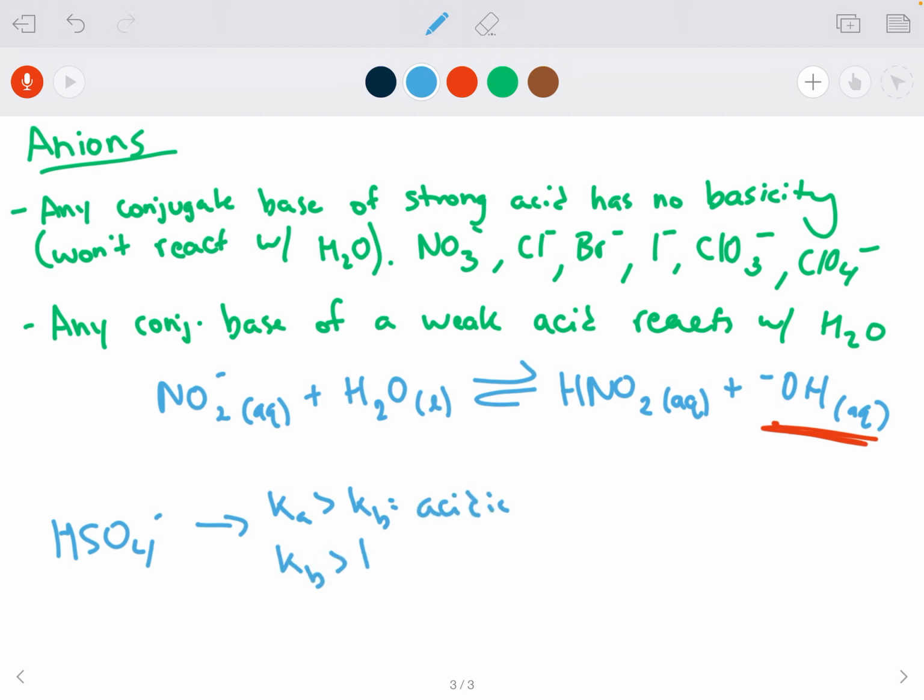And if Kb is greater than Ka, it's going to be basic. So that one, you'll just have to look up the value of the Ka. And remember, if you have Ka, you have Kb, or if you have Kb, you have Ka, because they're related by the Kw equation. Ka times Kb is equal to Kw. So if you have one, you have the other, and you can determine whether it's going to be more acidic or more basic.